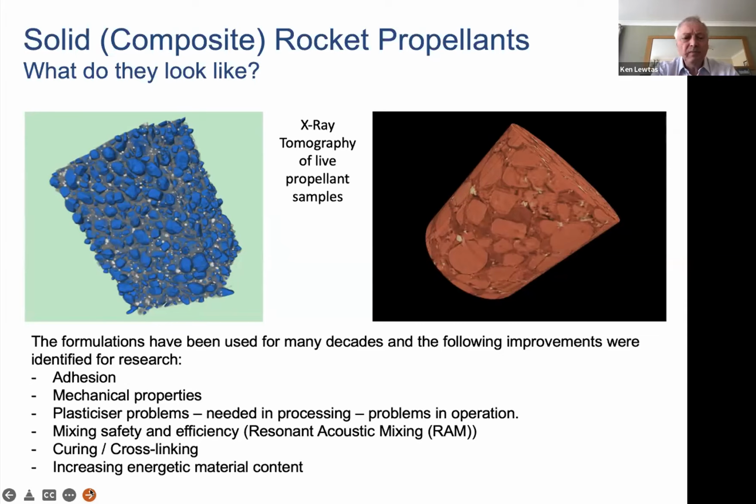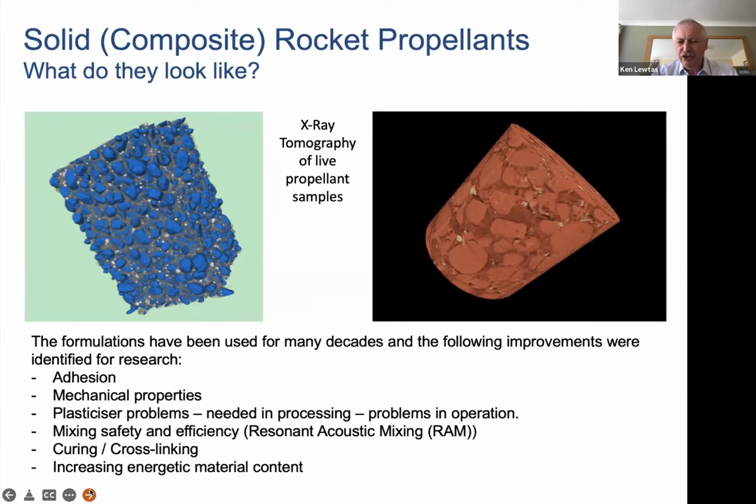One was adhesion of the binder to the particles in there, the mechanical properties, of course, because these things have to suffer large amounts of vibration. And then there's the problems. You put in a processing aid, and then sometimes the processing aid in operation creates problems. And this is what's happening with the plasticizer.